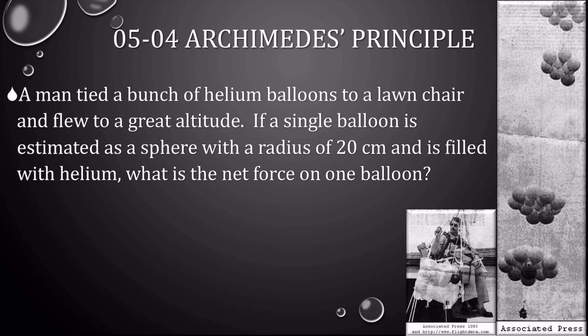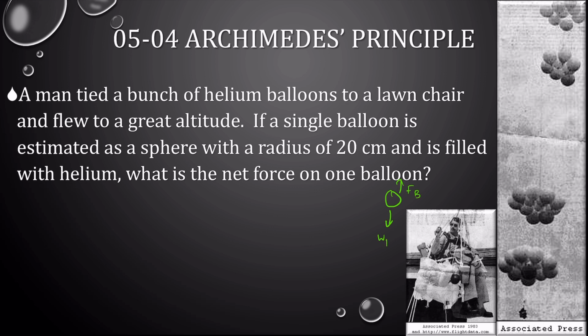Well, air, remember, is a fluid. So on our balloon, if we draw a free body diagram, we have our weight down and our buoyant force up. Now the weight would be the weight of the balloon and whatever's inside of it.